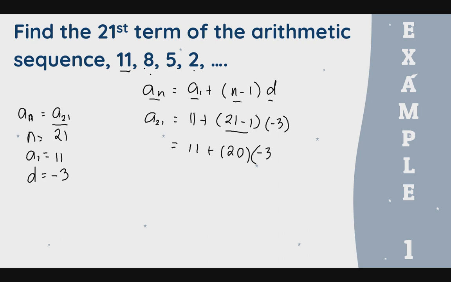So 20 times negative 3 will be equal to 11 plus negative 60. Very good. So by adding 11 and negative 60, our 21st term will be, very good, negative 49.